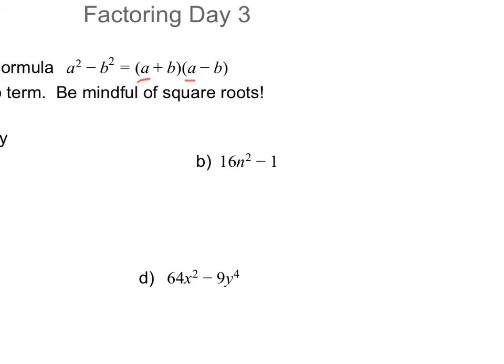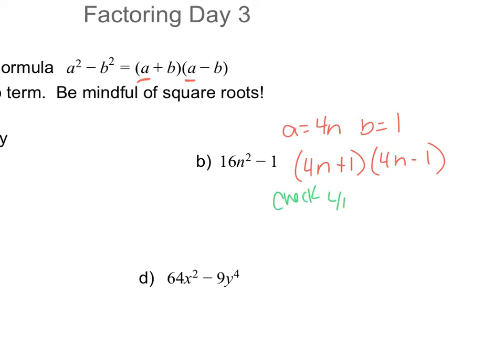Okay, this next one. Are they perfect squares? Yes. The a term on this one, the square root of 16n squared, would be 4n. And the b term on this is just 1. So this is 4n plus 1 times 4n minus 1. And if you wanted to check it and distribute, let's just check. 4n times 4n is 16n squared, my bad, I misspoke earlier. 4n times negative 1 is negative 4n.